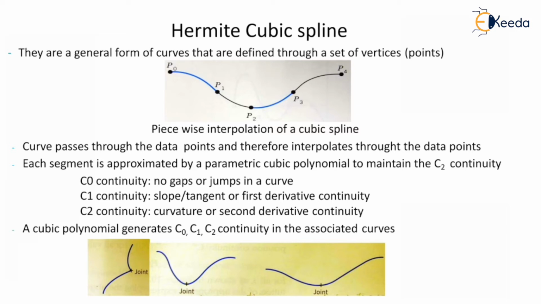C1 continuity is slope and tangent continuity, or first derivative continuity, as shown in the second figure of the joint; there is a tangent continuity or derivative continuity. C2 continuity is curvature or second derivative continuity, as shown in the third joint figure. A cubic polynomial generates C0, C1, C2 continuity in the associated curve as shown below.